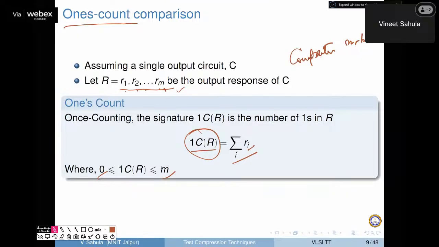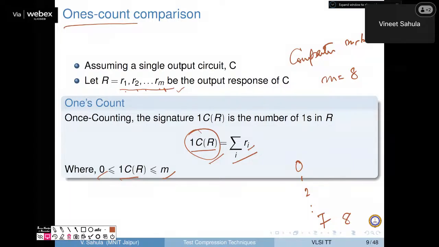So I have a variation there. If your m is 8, this ones count will vary from 0, 1, 2, up to 8, or 7 maybe. Yeah. So we have that ones counting. This is one of the ways of compression.